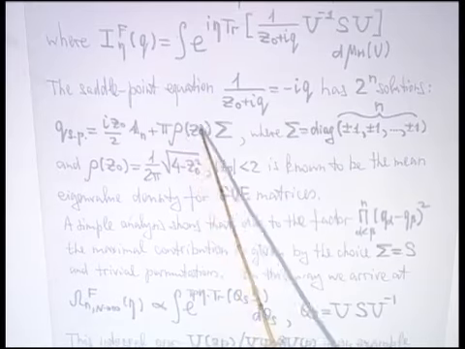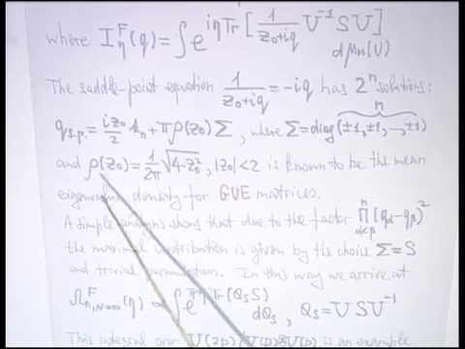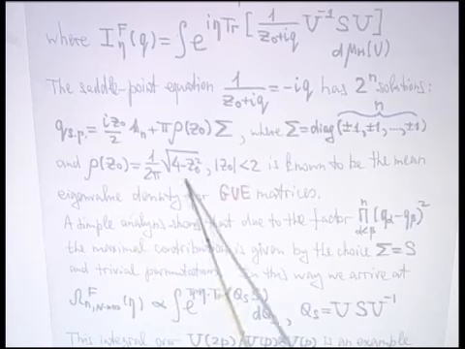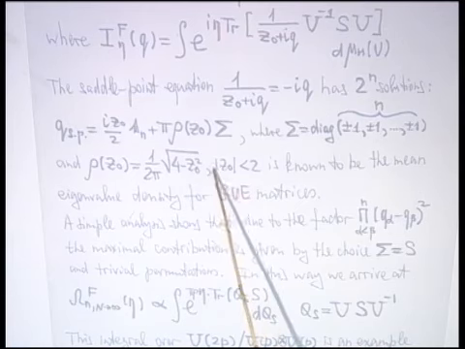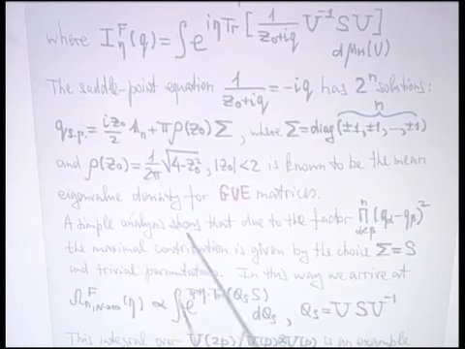It's i times Z naught over 2 times the identity matrix, plus, here is just notation, pi times rho of Z naught, where rho of Z naught is given by this expression, and I will show you probably tomorrow that this combination is nothing else than the mean spectral density of eigenvalues of GUE matrices if the modulus of Z naught is smaller than 2, which I assume.